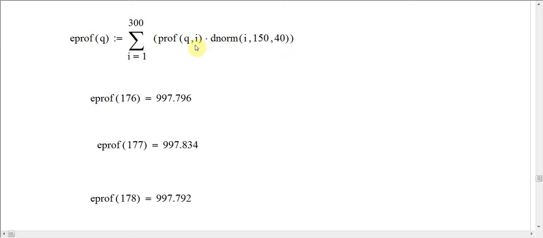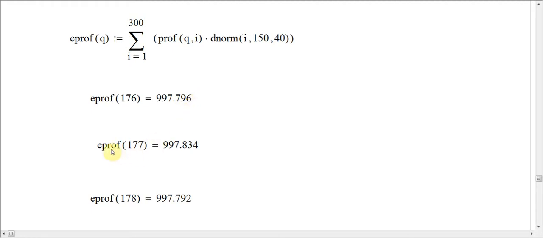So calculating the expected profit for 176 newspapers using the above equation, which gives the expected profit as a function of the newspapers ordered, we find that if we buy one newspaper below the optimum value, that is 176, the expected profit will be 997.796 euros.